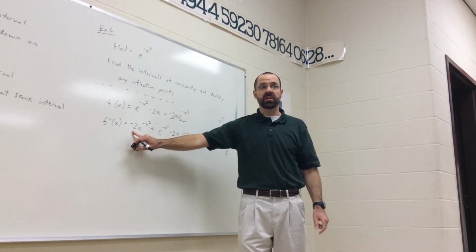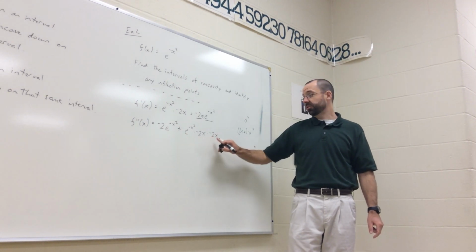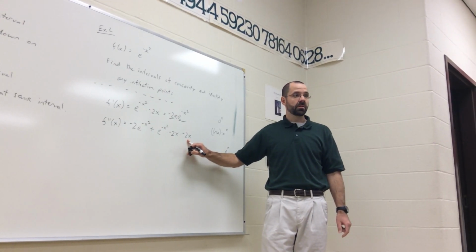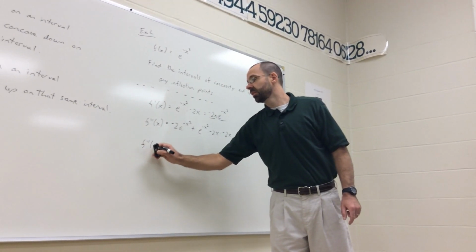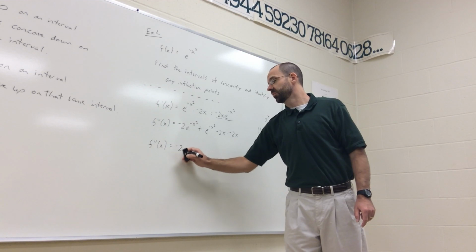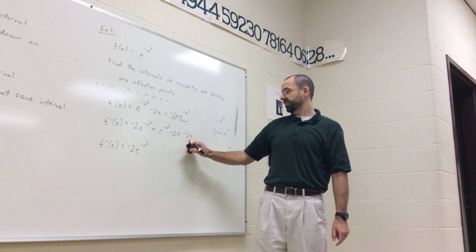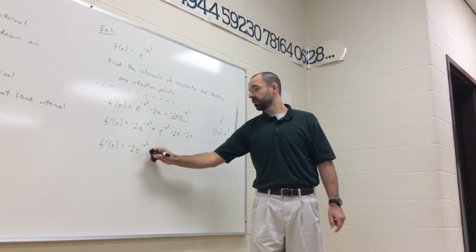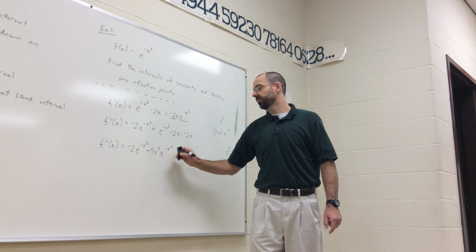So derivative of the first thing times regular second thing plus derivative of the second times regular first. Cleaning that up, it would be negative 2e to the negative x squared plus 4x squared e to the negative x squared.